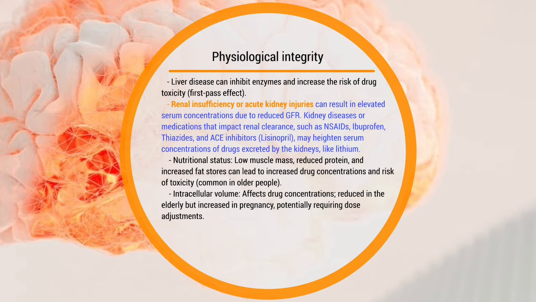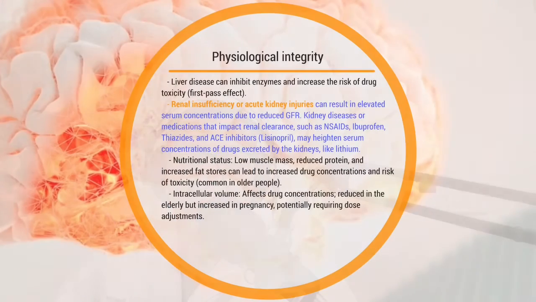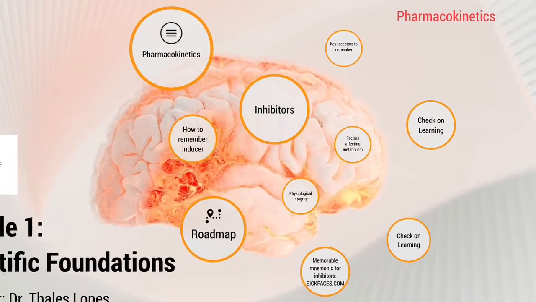Drug concentrations are affected, reduced in the elderly because they have a reduced intracellular volume, but increased in pregnancy, potentially requiring dose adjustment. So it makes sense: the elderly have a decreased intracellular volume, and pregnant women have an increase because they have more blood volume.